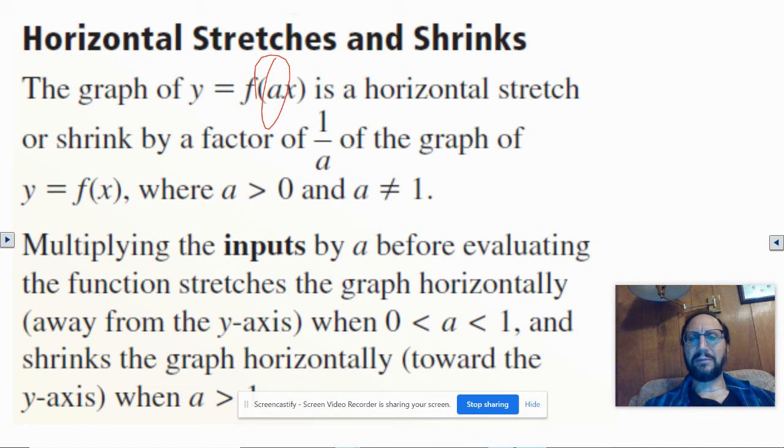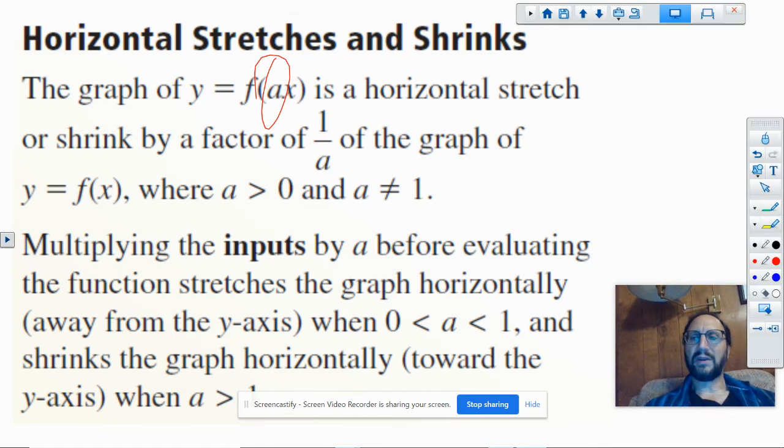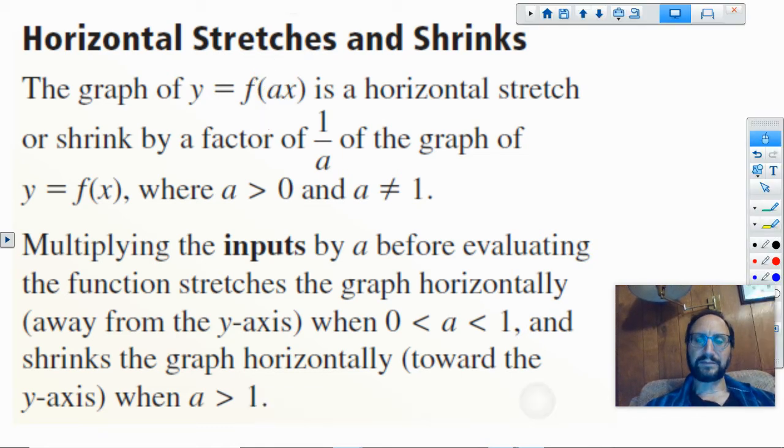So it multiplies the input by a before evaluating. It stretches the graph horizontally away from the y-axis when a is between 0 and 1, and shrinks the graph towards the y-axis when a is greater than 1. So once again, when a is between 0 and 1, it stretches the graph horizontally.